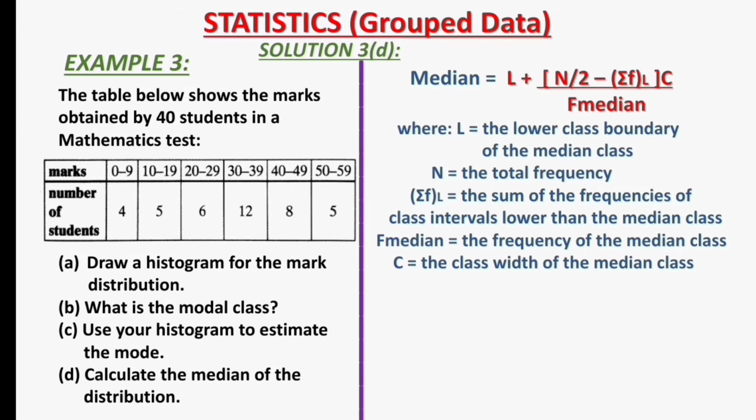Here, L represents the lower class boundary of the median class, N represents the total frequency, sigma FL or sum of FL represents the sum of the frequencies of the class intervals lower than the median class. F median represents the frequency of the median class, while C represents the class width of the median class. Please take note of this formula for the median of a grouped frequency distribution.